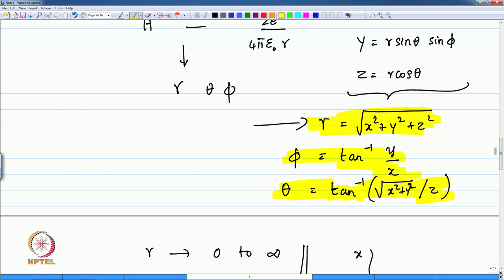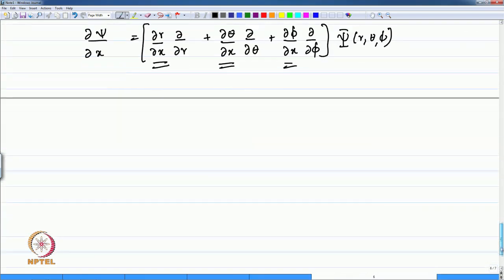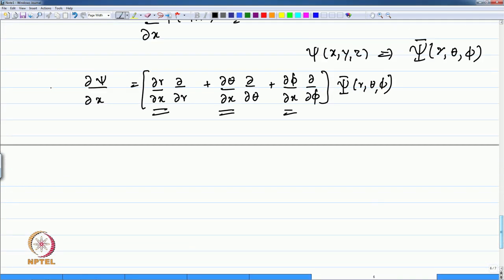Therefore, the partial derivatives that you need to calculate for expressing the kinetic energy in spherical polar coordinate system involves three such quantities, namely ∂²/∂x², which is operating this once more, but being careful that the terms contain already r, theta and phi, and therefore the partial derivatives have to be taken carefully, and you have to do the same thing for ∂²/∂y² and ∂²/∂z².